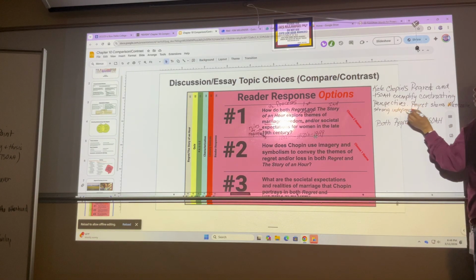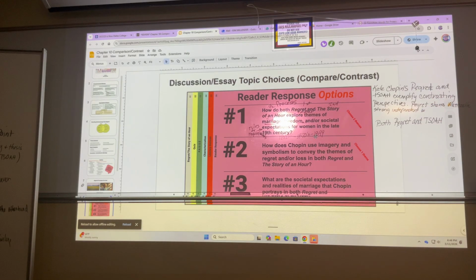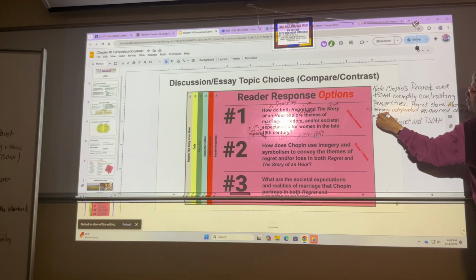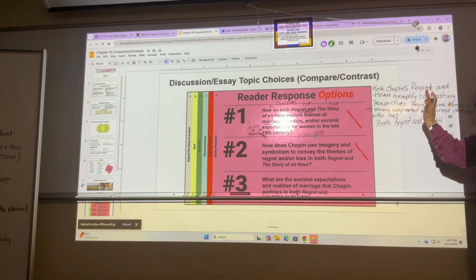Unmarried. So this is if you did them separately, right? If you did them separately, while regret shows Mamselle Arlie as a strong, independent, unmarried, childless woman who unexpectedly has 4 children dropped into her lap, right?